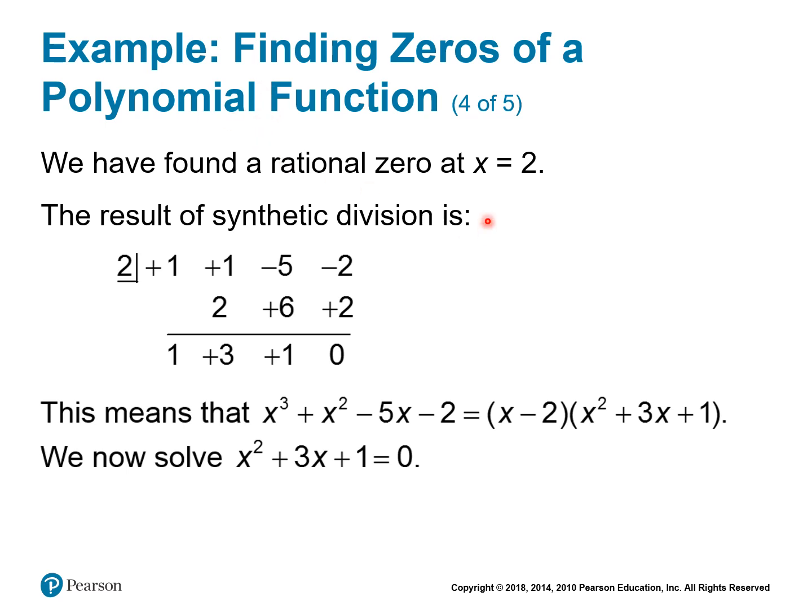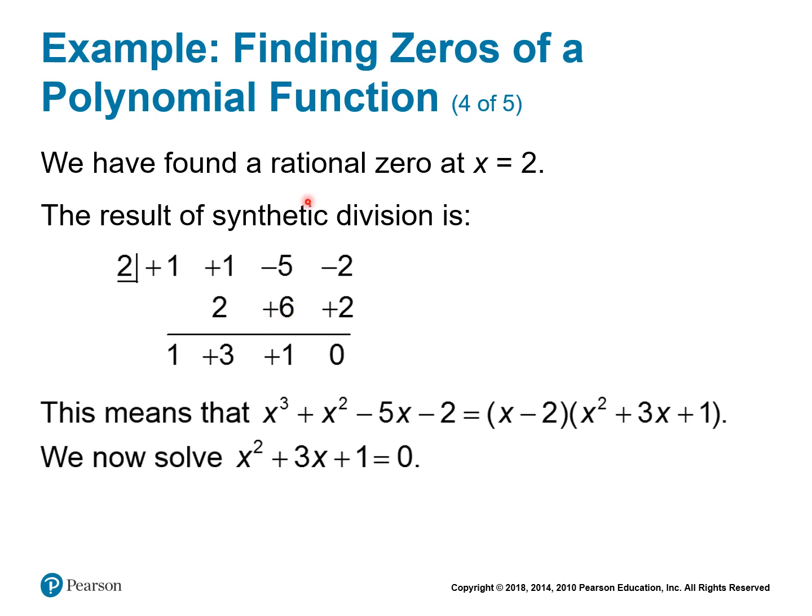Now that we have found a 0 of the polynomial x cubed plus x squared minus 5x minus 2, we have to go through the exercise of rewriting this in factored form using the information we obtained from the synthetic division.